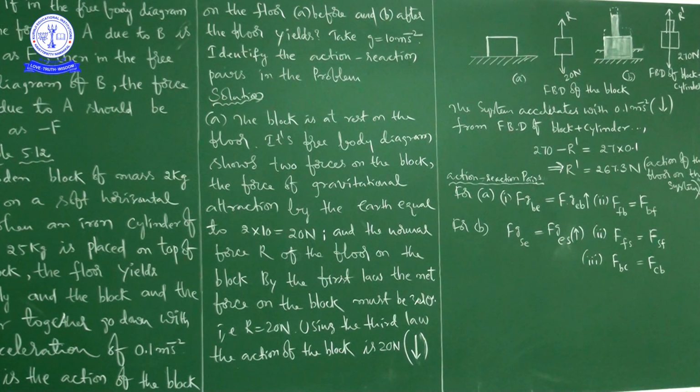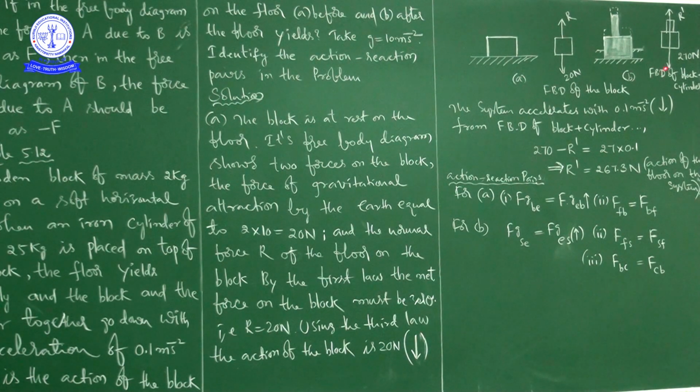When the floor yields, to find out the normal reaction by the floor, what is that? Newton's second law of motion. See, downward force minus upward force. Upward force is R dash, that is the reaction by the earth on the system, right? So 270 minus R dash is equal to 27 into 0.1.